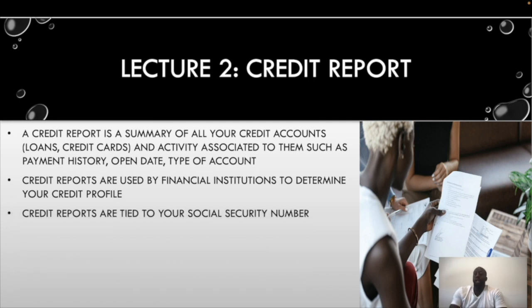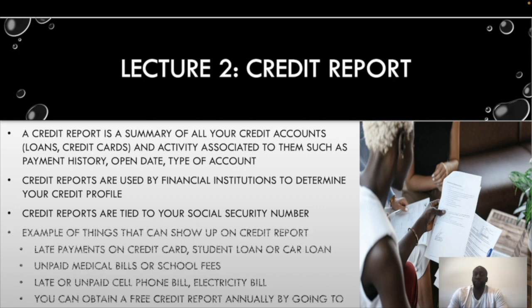As mentioned, credit reports are tied to your social security number. So this means if you have a social security number, most likely there is a credit report out there with your financial history reported. Here are some examples of different things that can show up on your credit report.